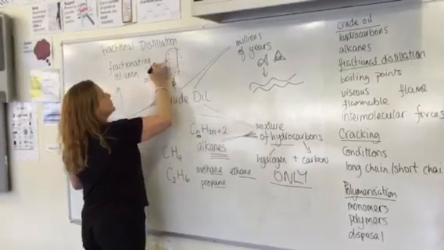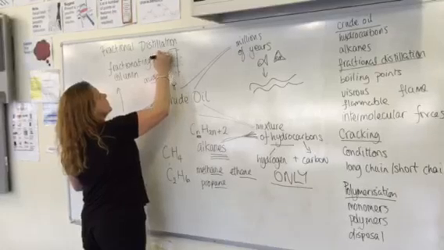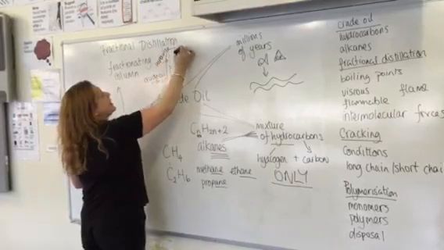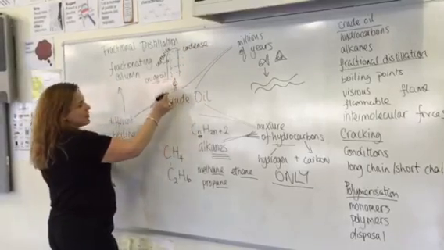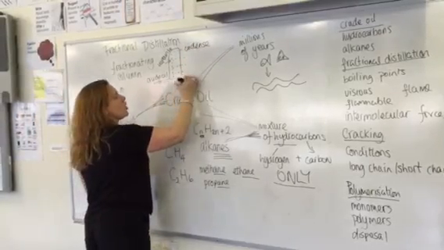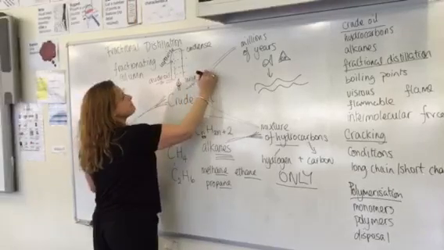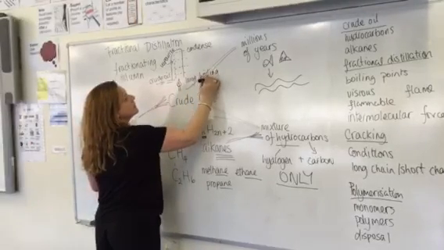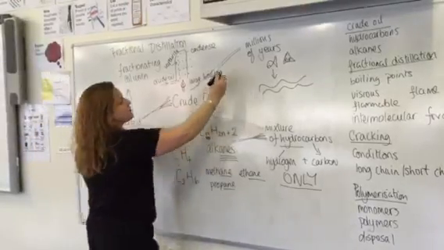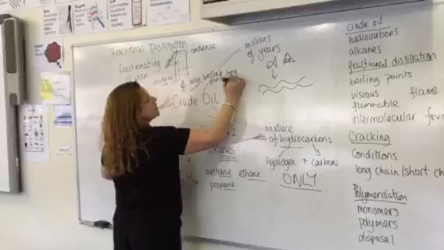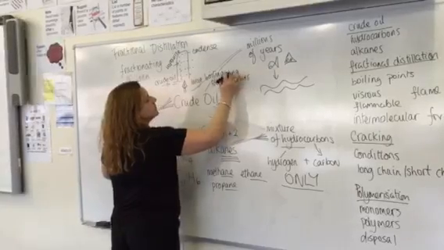Vaporize up, and then they condense. Now it's really, really hot down the bottom here, so you've got large boiling points. And these are your really, really thick, long chain hydrocarbons. So long chains down the bottom.